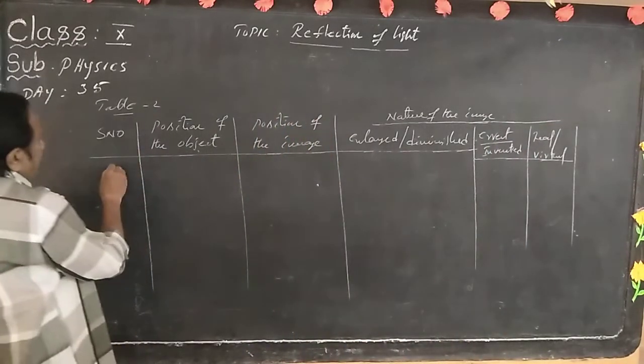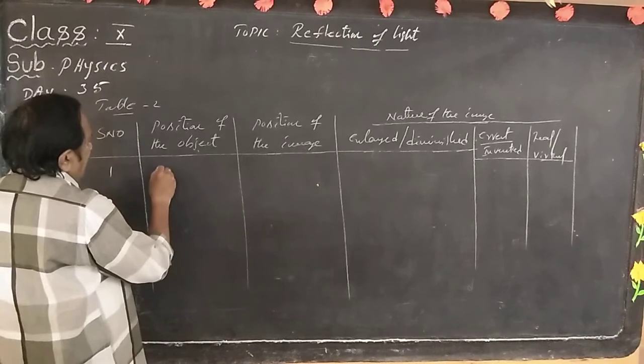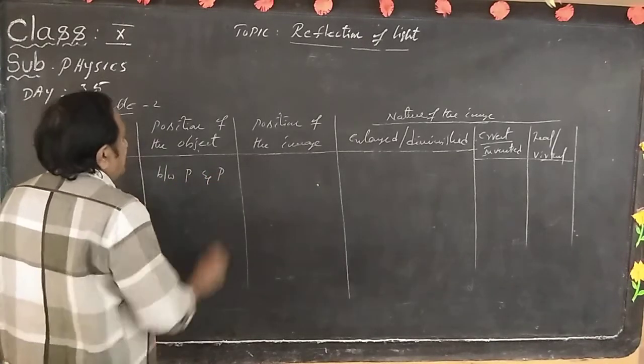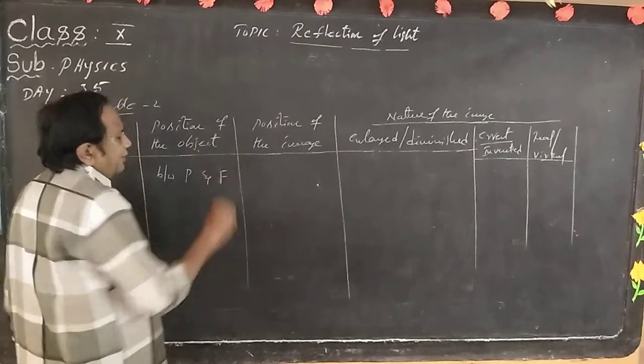Now, at first I have to say between pole and focus. Between P and F. P means pole and F means focus.